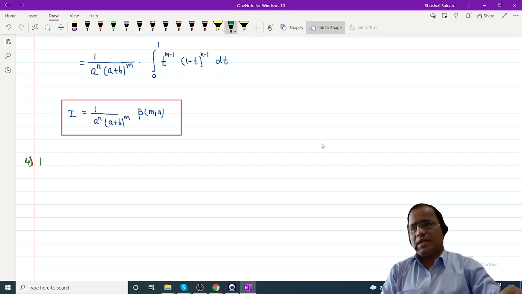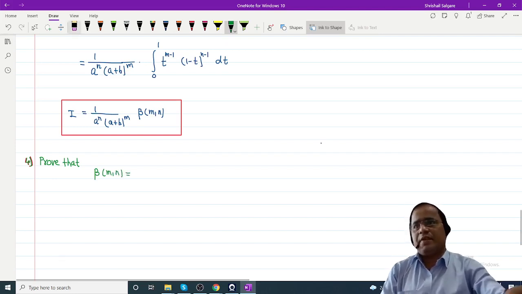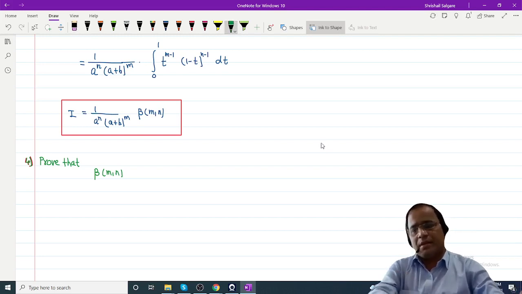So prove that beta of mn into beta of m plus 1 half and m plus 1 half.